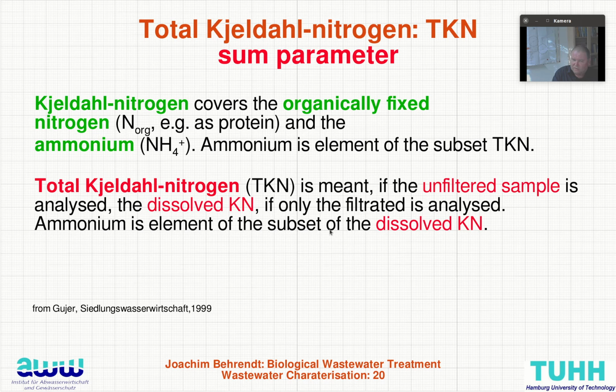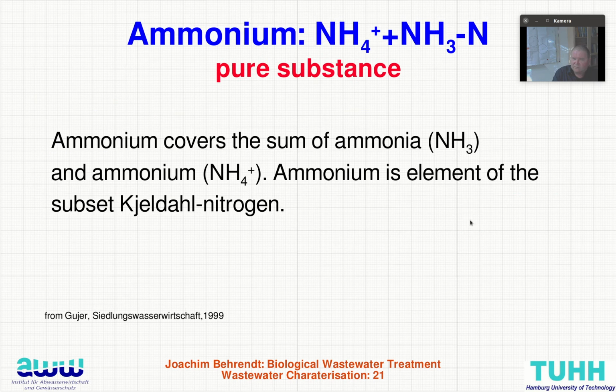And ammonia is also a subset of this dissolved Kjeldahl nitrogen. Normally, the solution is treated so that all organic nitrogen is transferred to ammonia nitrogen, which is later measured by adding some chemicals and then photometrically detected.